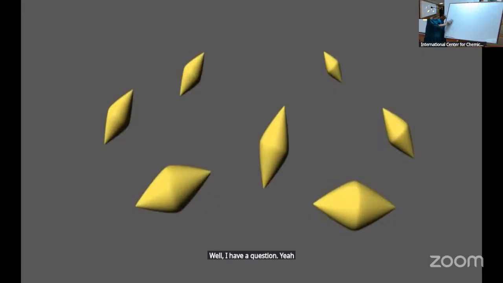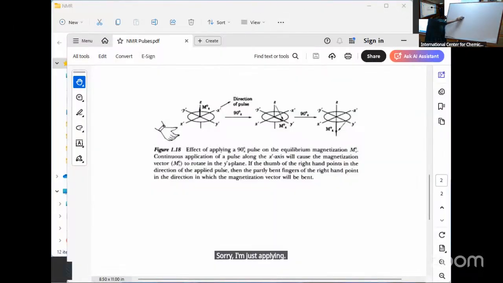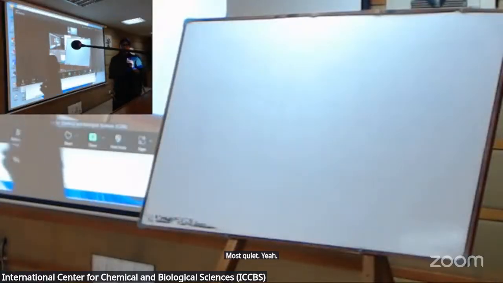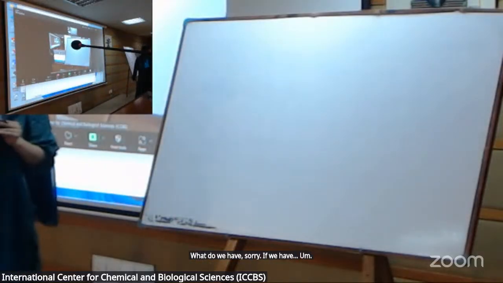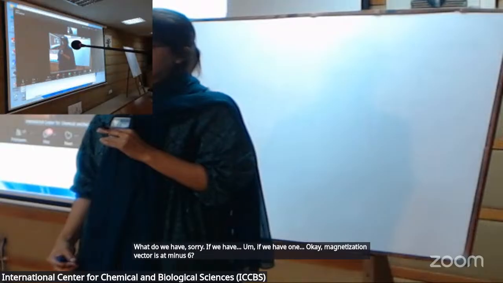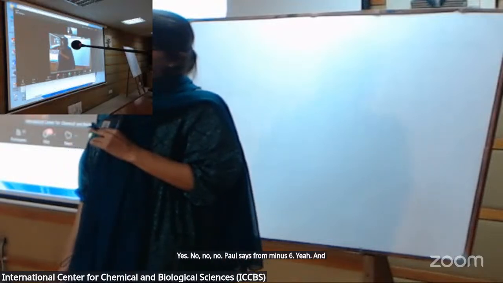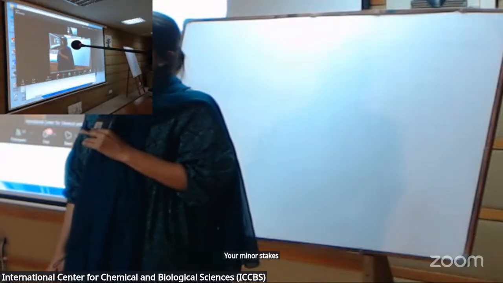If we have our x axis and we apply the pre-calibrated frequency 90 plus y, and the magnetization vector is at minus x, and we apply minus 90x. You're on minus x, you're applying minus 90x.